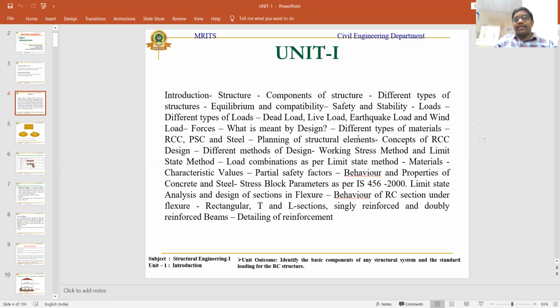In addition to this, for the loads we are going to use IS 875 Part 1, which deals with the dead loads, IS 875 Part 2, which deals with the live loads, IS 875 Part 3, which deals with the wind loads, and IS 1893 2002, which deals with the earthquake loads. So these are the different code books we are going to take for designing different loads and load combinations, which are to be considered from the guidelines of IS 456 2000.